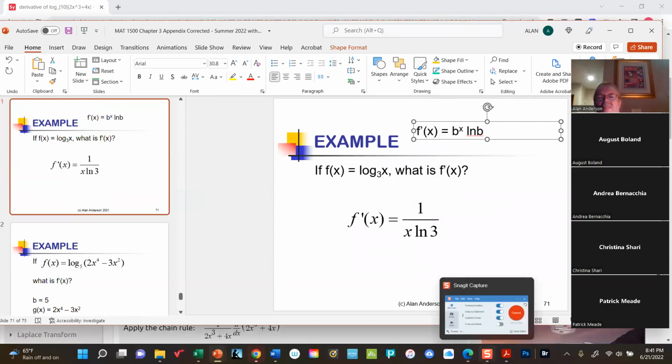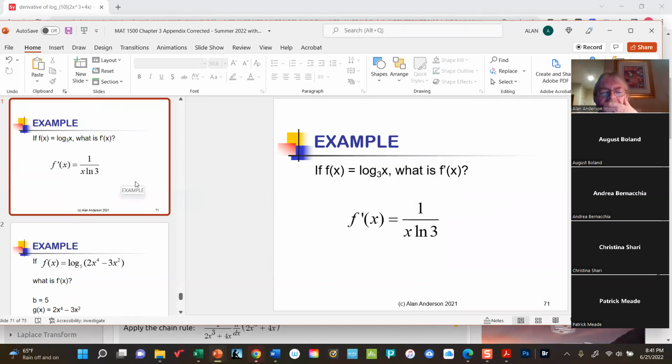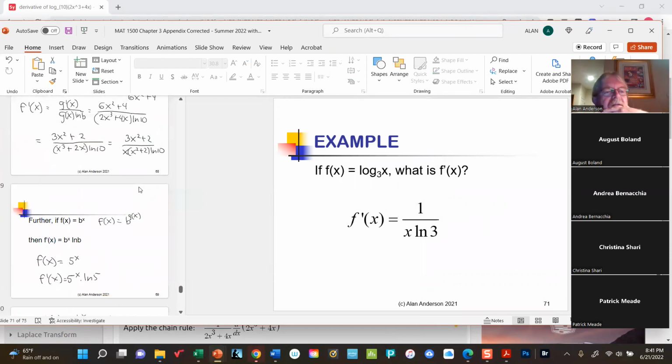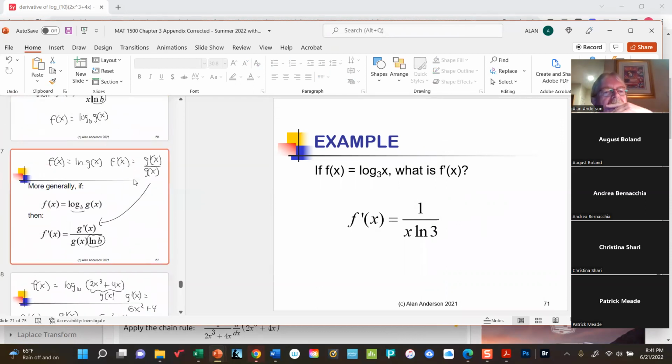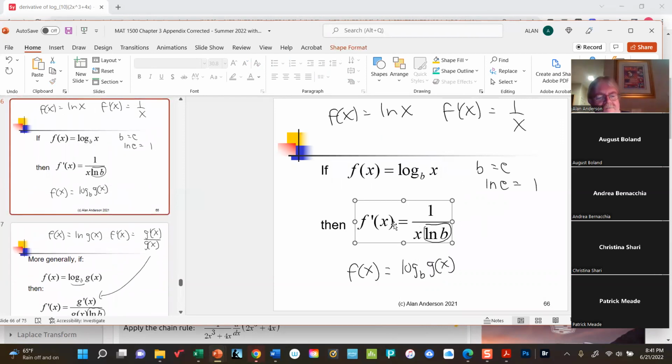So based on that rule, oh, God, I copied the, wait a minute. This is the wrong rule. Anyway, hold on. I did it again. Log b of x. Let me go get that one. Here we go. This is what we were after.